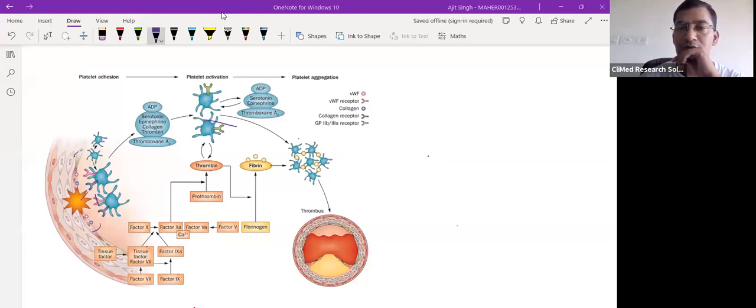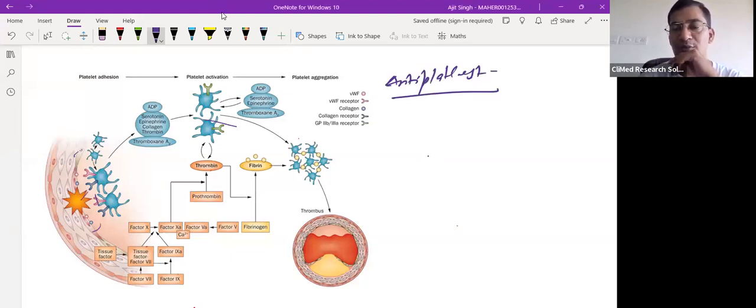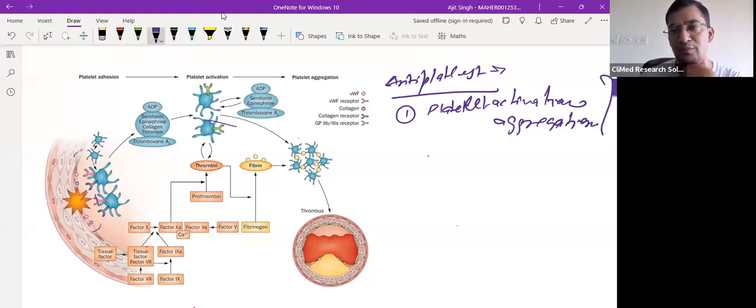So antiplatelets, I'm talking about. Where will it work? Maybe the process of platelet activation, right? As per your answers, I can write activation and aggregation. So majorly the antiplatelets will prevent platelet activation and platelet aggregation, right?